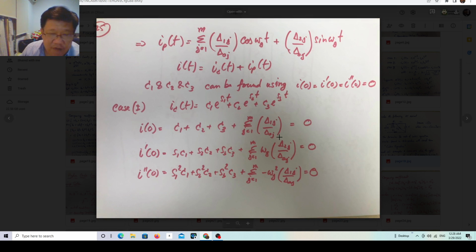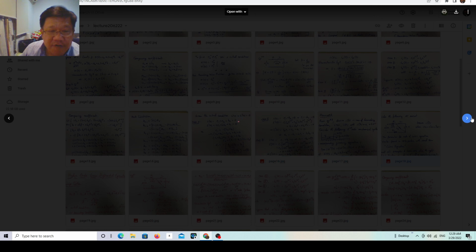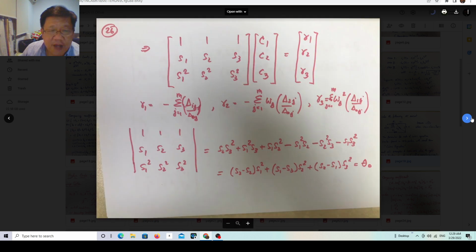So our job is not finished yet, because in this case you have three coefficients c1, c2, c3, and this one is a constant value. So this is the amplitude I can evaluate. You can move it to the right hand side, and then you end up having to solve just like this one.